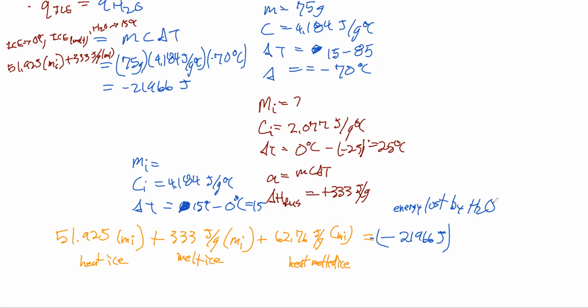So we add the 333 and 51.925 and 62.76. So all of this becomes 447.685 joules per gram times the mass.